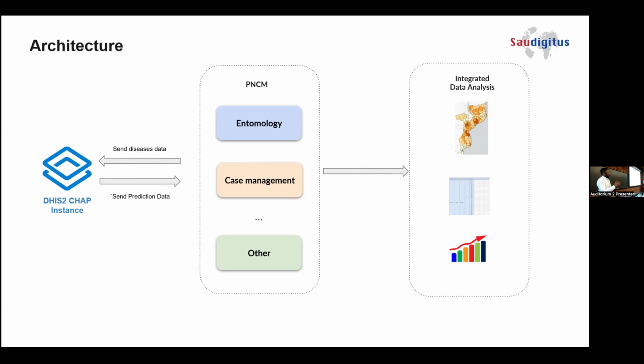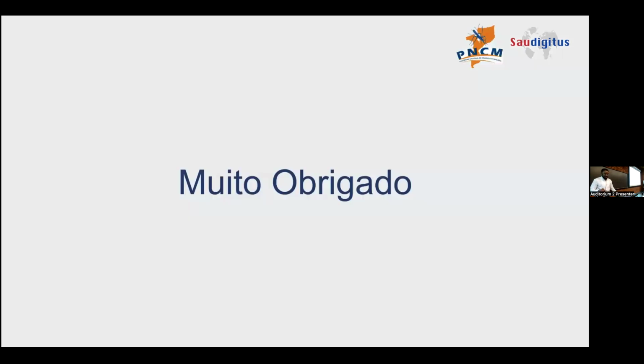And even if you can use some models in the CHAP, they also have the intention of using this CHAP for entomology. And case management has the same approach, with a dashboard so that they can analyze. Okay, so, and muito obrigado.